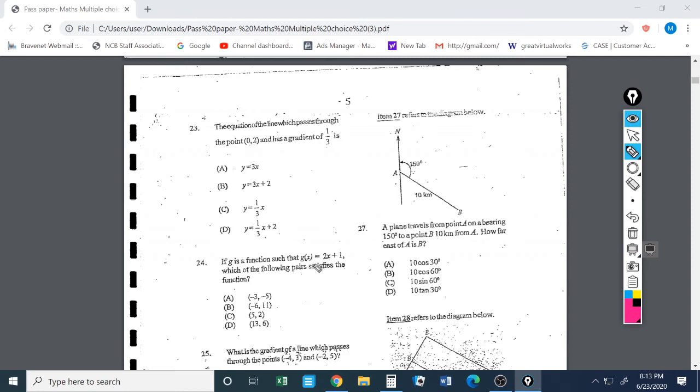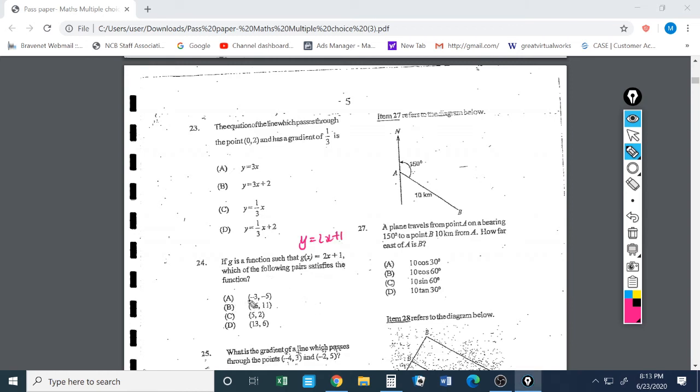All right. So for this one now, guys, 24 says if g is a function such that g of x is equal to 2x plus 1, which of the following pairs satisfies the function? Let's look at the first one. Basically g of x is equal to y is equal to 2x plus 1.